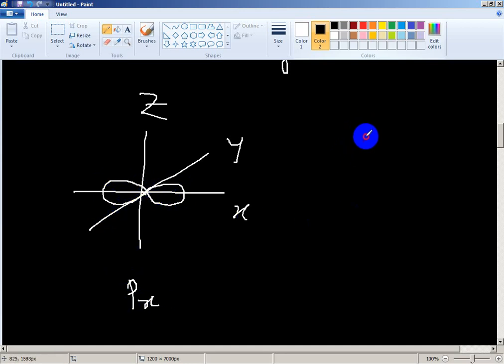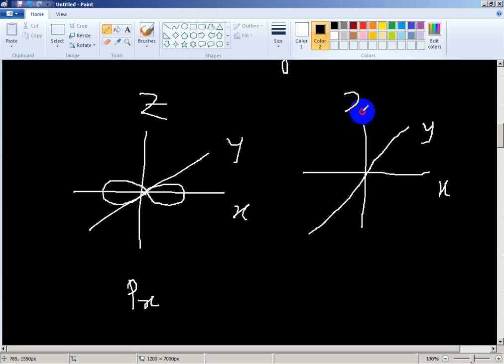So what will be the py orbital? I give this x axis. Do you know x axis, y axis, z axis? Yes, sir. What will be the py orbital shape?